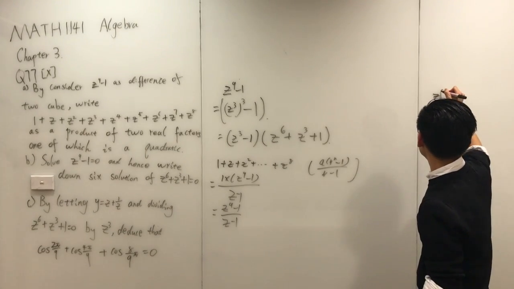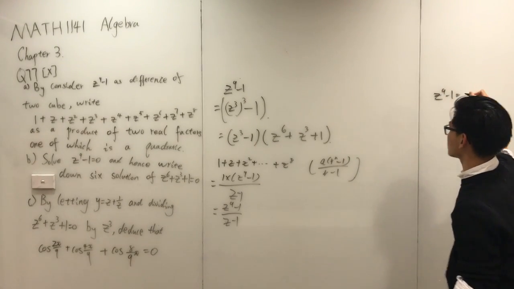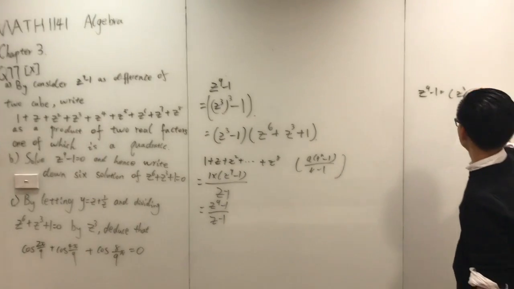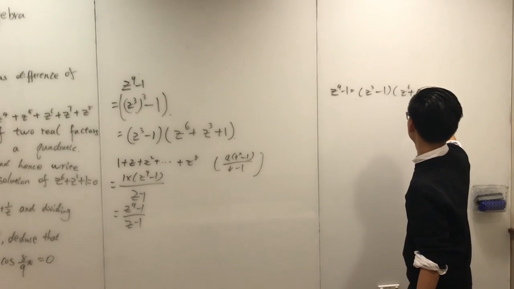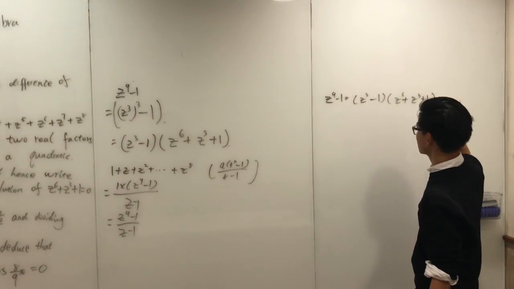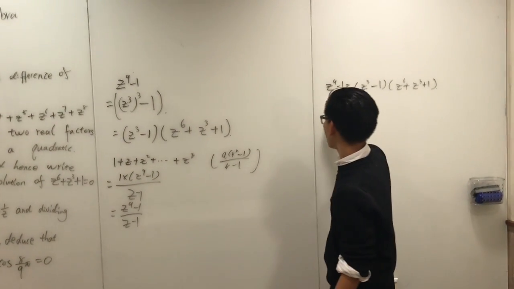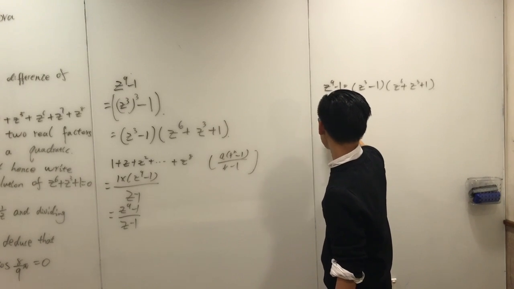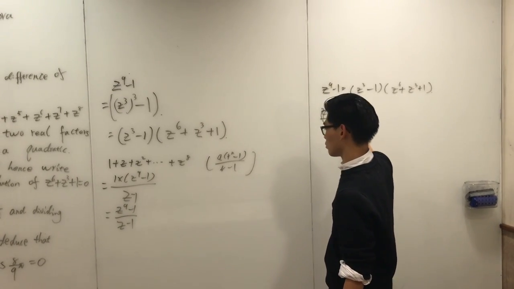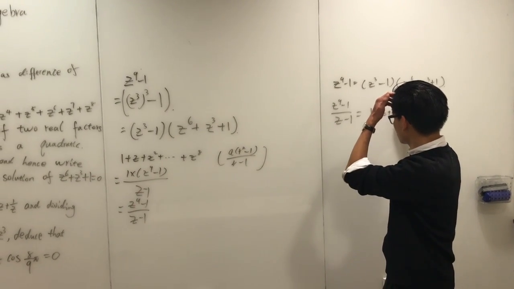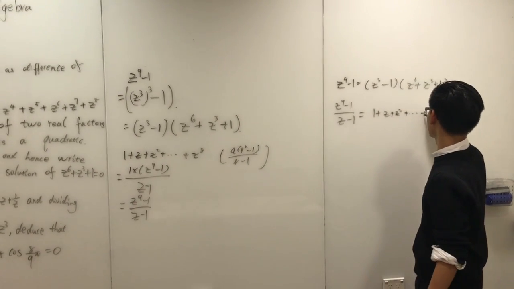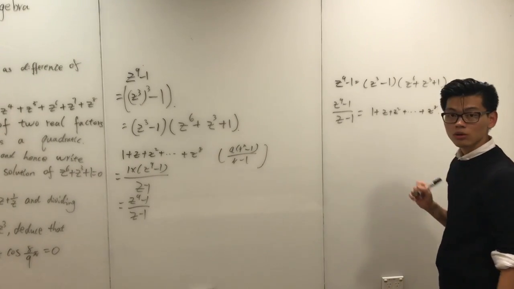One is z cubed minus 1 divided by z minus 1 equals the first expression. Right?